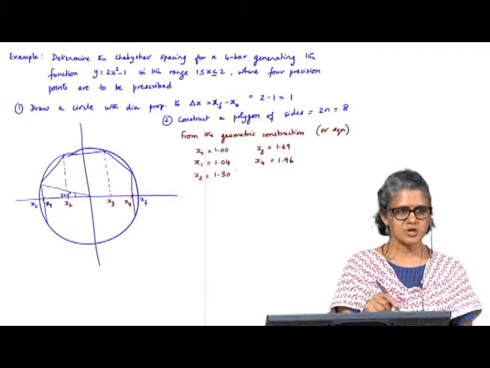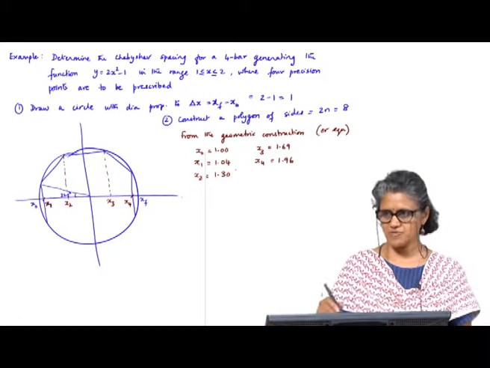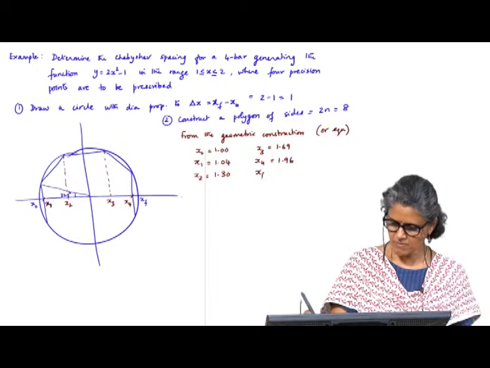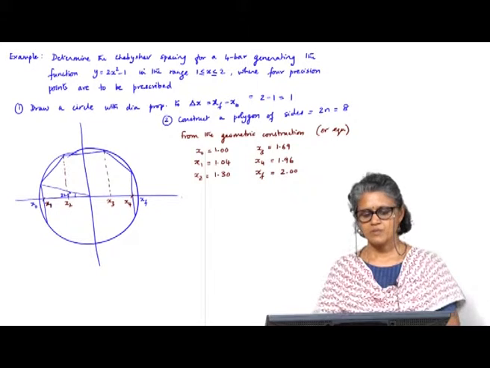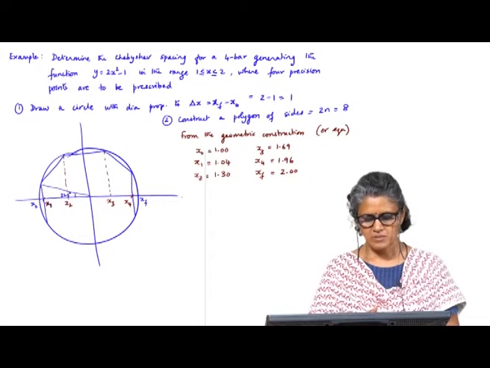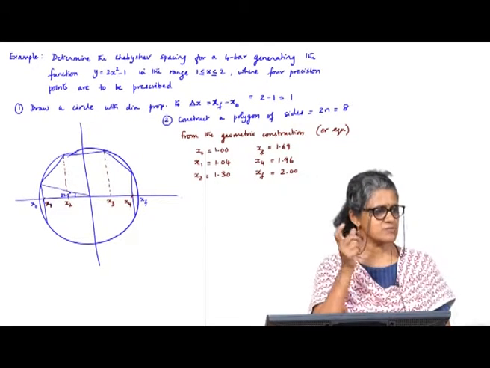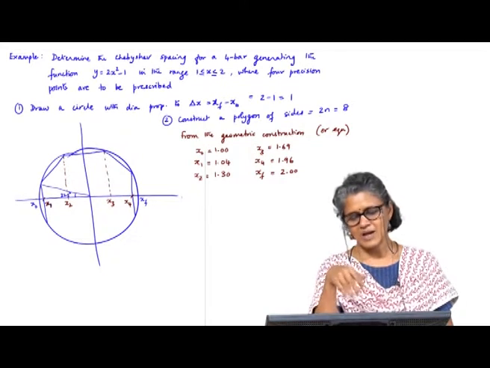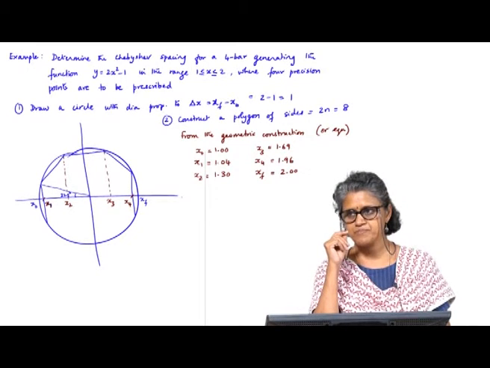So you can use the geometric construction to then set up the equation to find these values. And xf is 2. Because you are trying to look at error here, you want to have sufficient number of significant figures. You don't want to round off. Ideally, if you can have more significant figures, that's better.